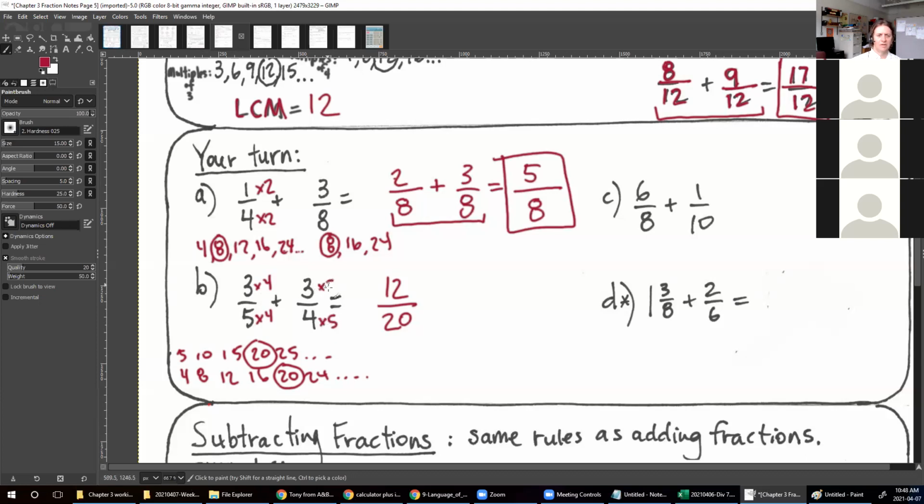So I'm going to do the same thing to the top. My plus stays the same, so I'm not going to change it. 3 times 5 is 15. And on the bottom, 4 times 5 is 20. Now that my bottoms are the same, I'm going to add my tops. So 12 plus 15 is 27. And the bottom is 20. And let's just leave it at that for now.